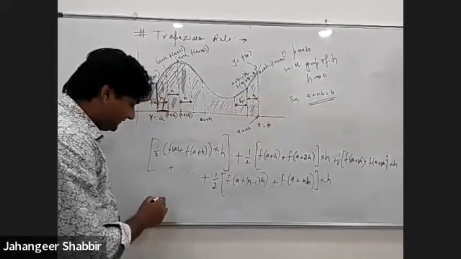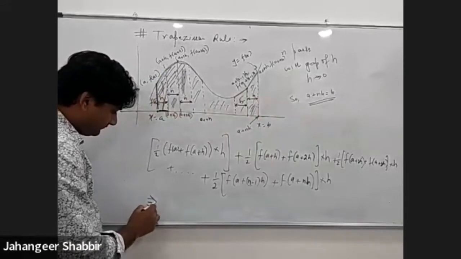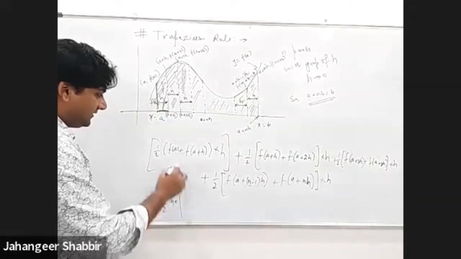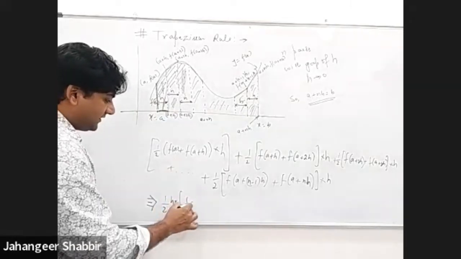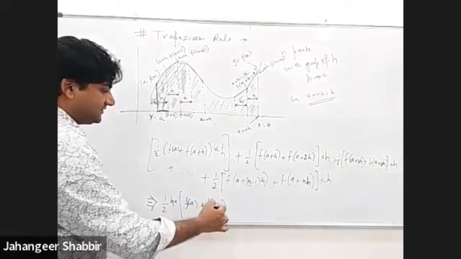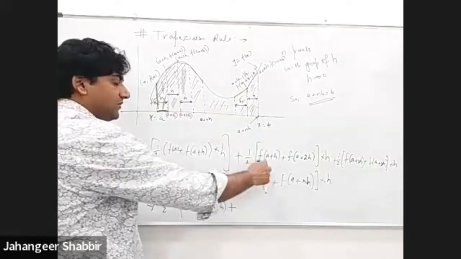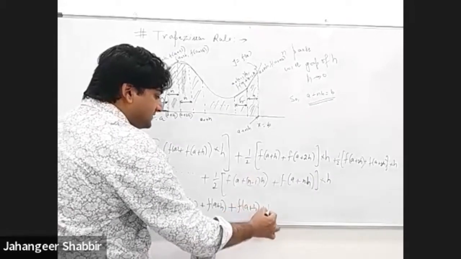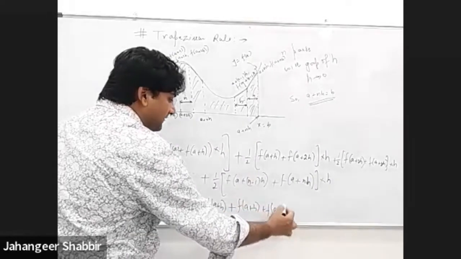Okay, so something is common. Can you tell me what is that? Half times h is common, right? So inside we got here f of a, here we got f of a plus h. Now what we got from here? f of a plus h plus f of a plus 2h.